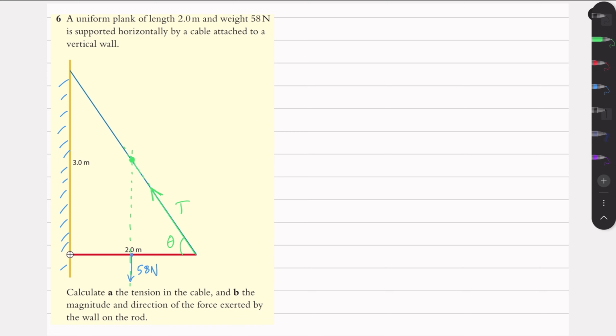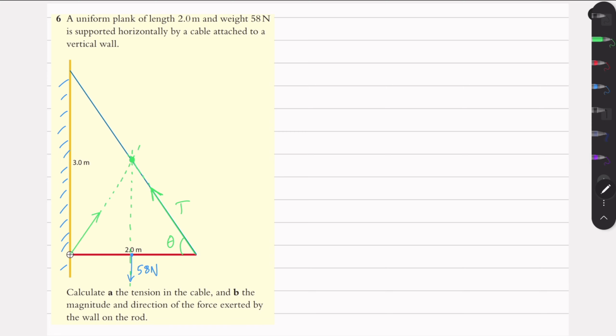What that means is that if this force from the support does not pass through this point, it will have some torque, right? It will have this perpendicular distance and it will have a torque, and therefore the torque about that point won't be zero. So this force also has to pass through this point. So it has to point like this, such that its line goes through this point.